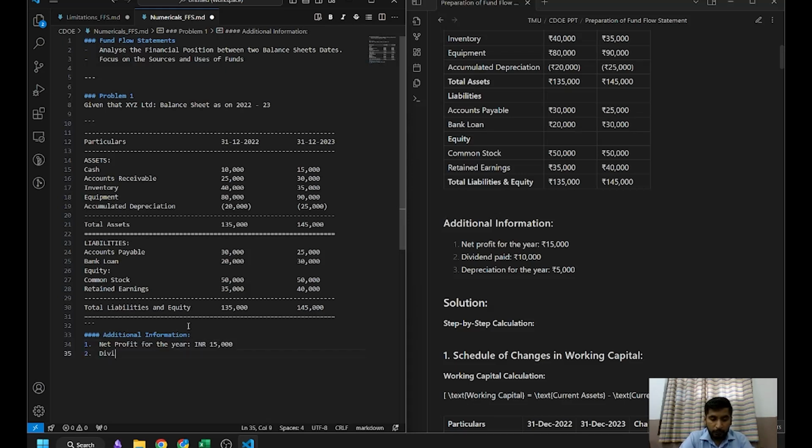Dividend paid is rupees 10,000, and depreciation for the year is rupees 5,000.